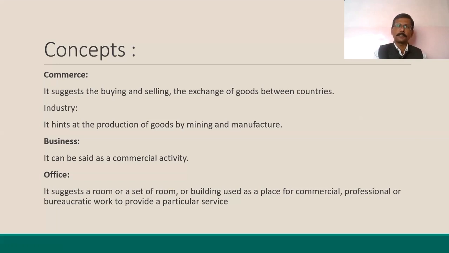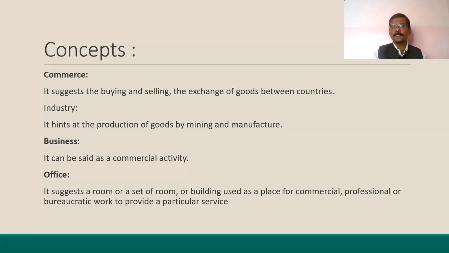And manufacturing means, for example, if you are manufacturing a pen, then you have a pen industry. You'll make that in your factory. You'll manufacture that. Another concept here is business.